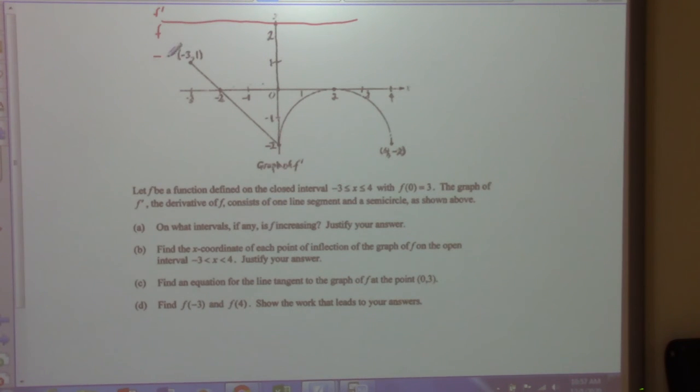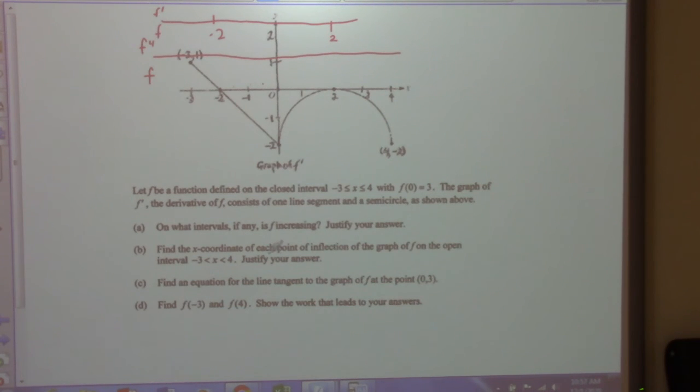And you can make another number line for your f double prime and f, right? So where's our critical number on this thing? Our critical numbers are -2 and 2.